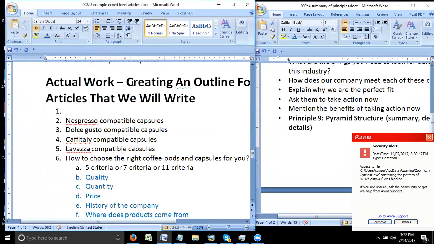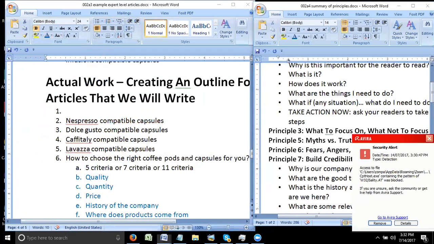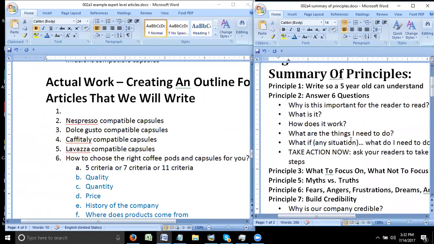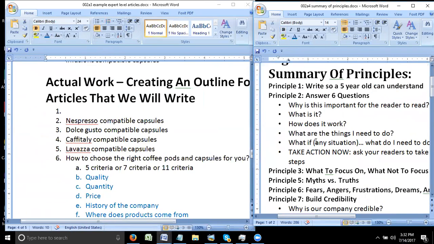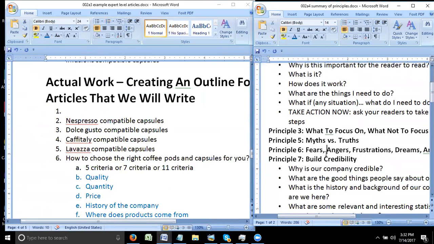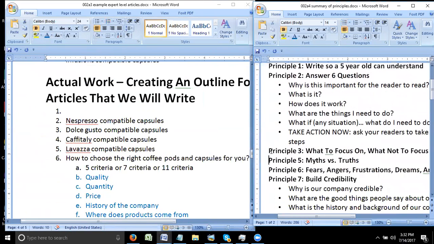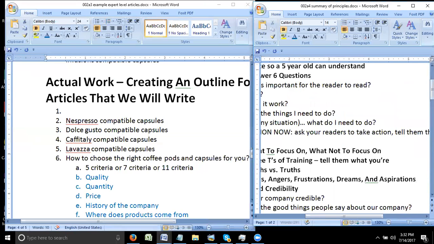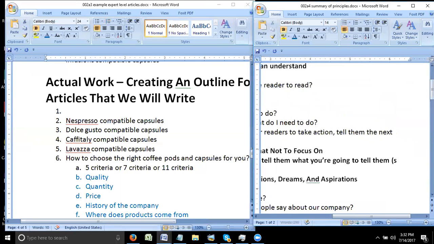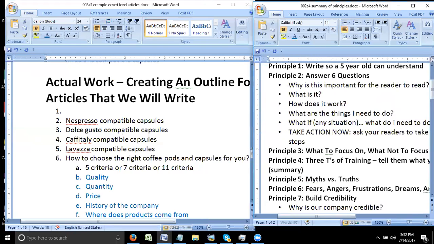And when we are working on the outline, what principle are we using? We are using the principle of, where was the 3 T's of training? I think it's in number 4, so I forgot to put it here. Principle number 4 is the 3 T's of training. Tell them what you're going to tell them, or the summary. Tell them the details.